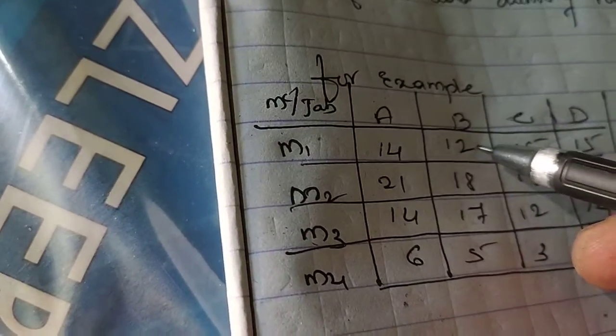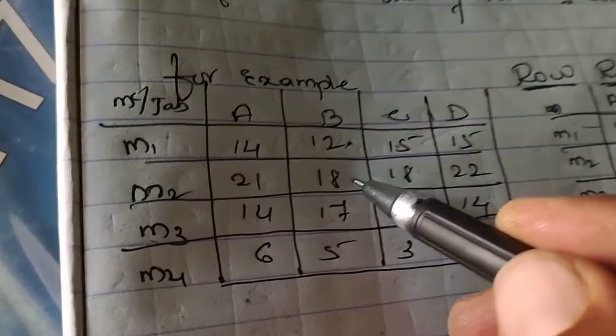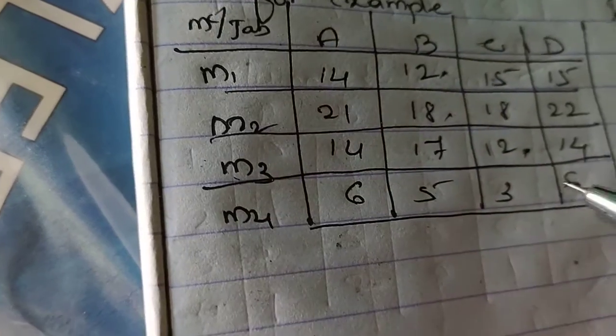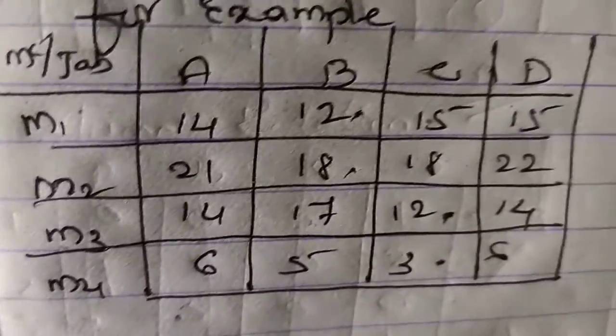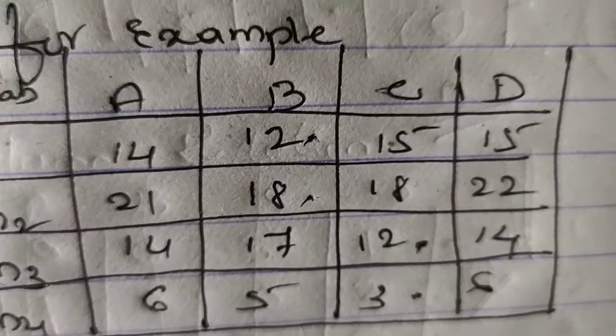In machine 1, 12 is the least element, in machine 2, 18 is the least element, in machine 3, 12 is the least element, and in machine 4, 3 is the least element. Just by considering the least value, we subtract it from the other remaining elements.